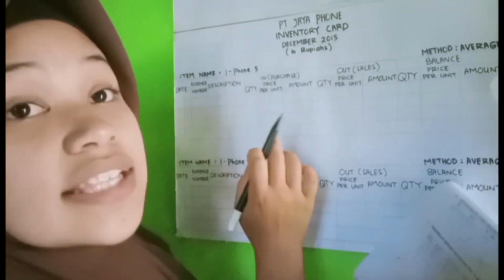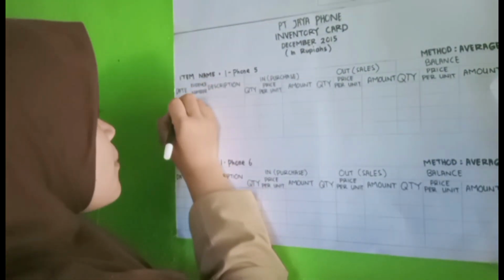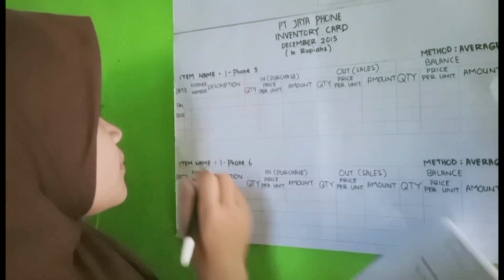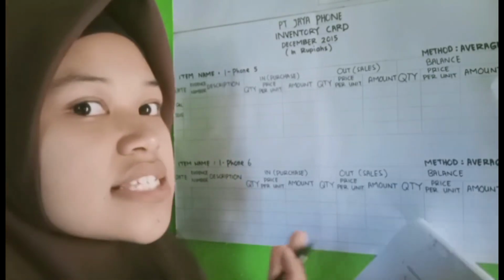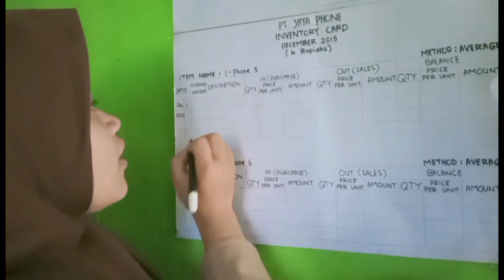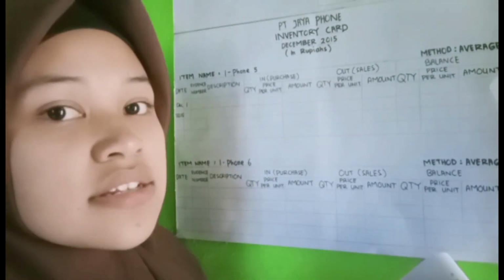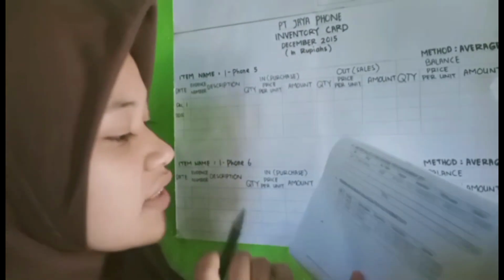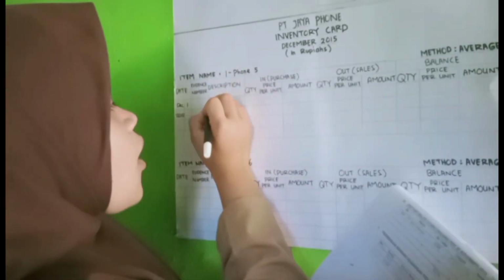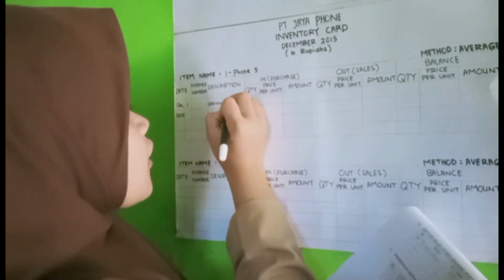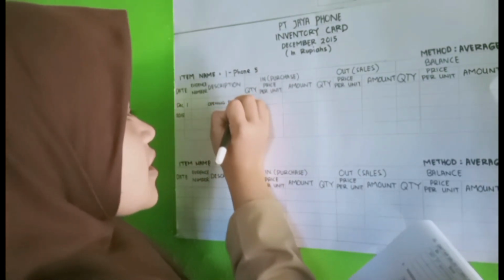Okay. The date is December 2015. Because this is the opening balance, just the date first. For everything else, we can leave it empty first. For description, this is opening balance.